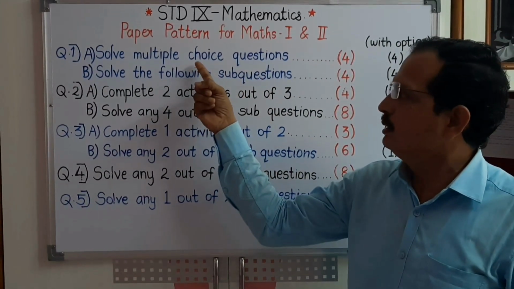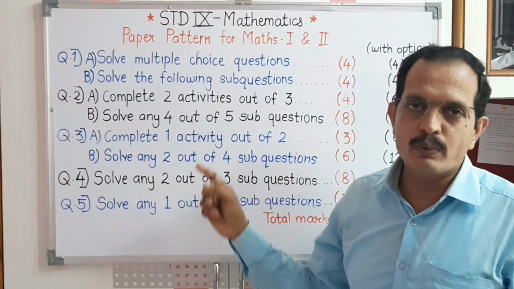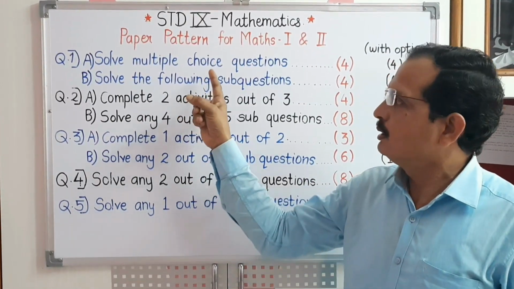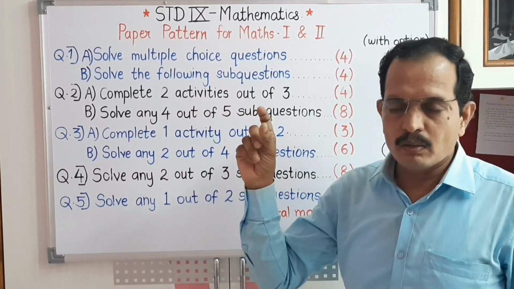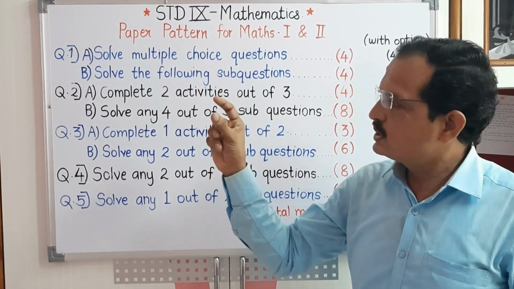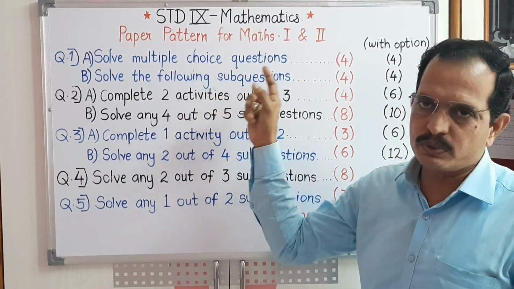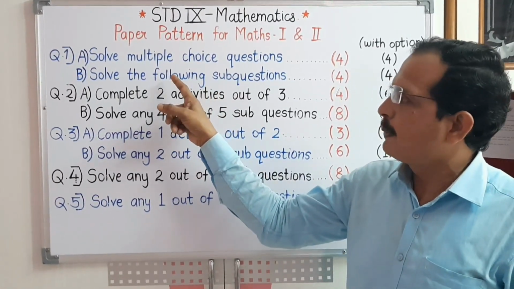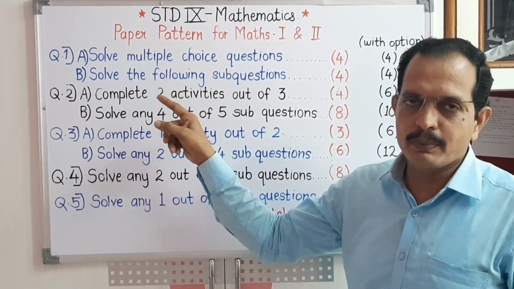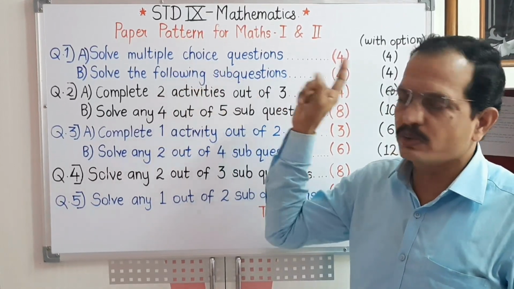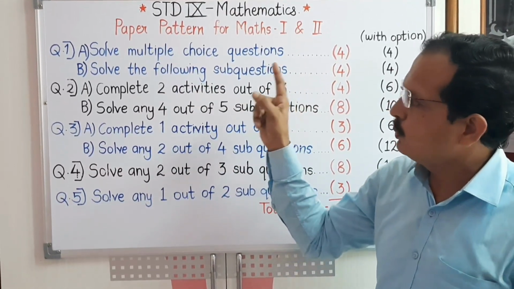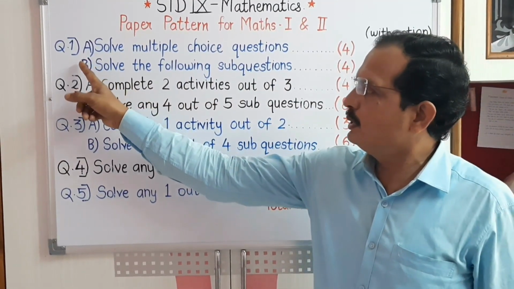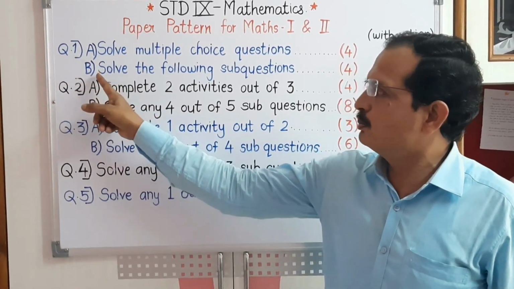While writing the answer of these questions, we have to take the precaution that we write the alphabet which is written for the correct option. Suppose the correct option is B, then we have to write B as the answer of this question. Now the second is question number 1B.